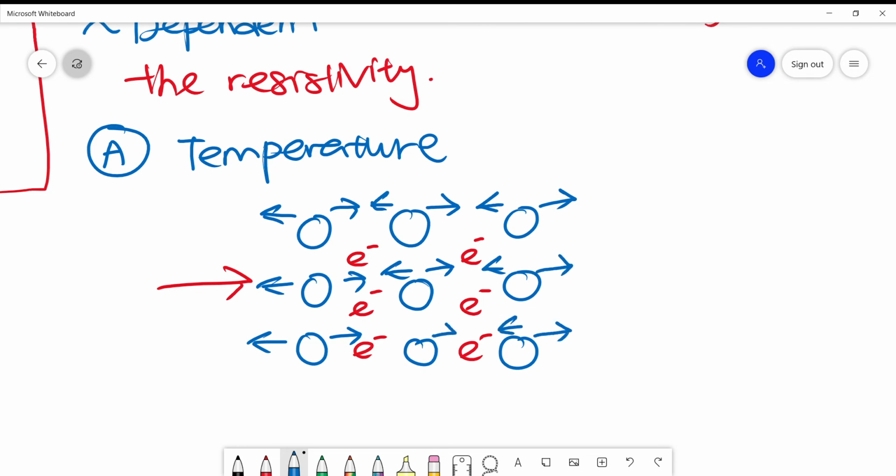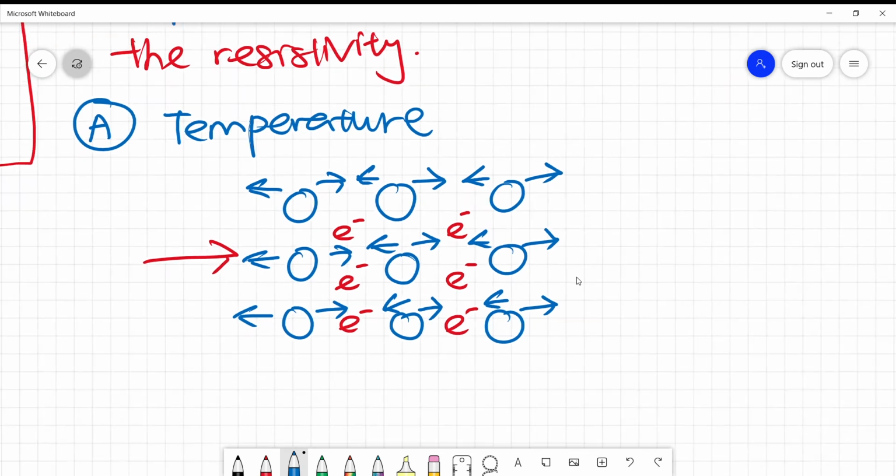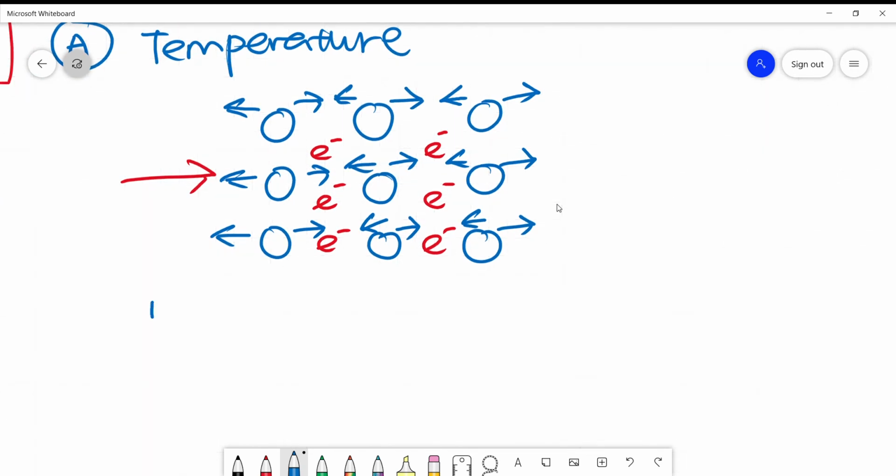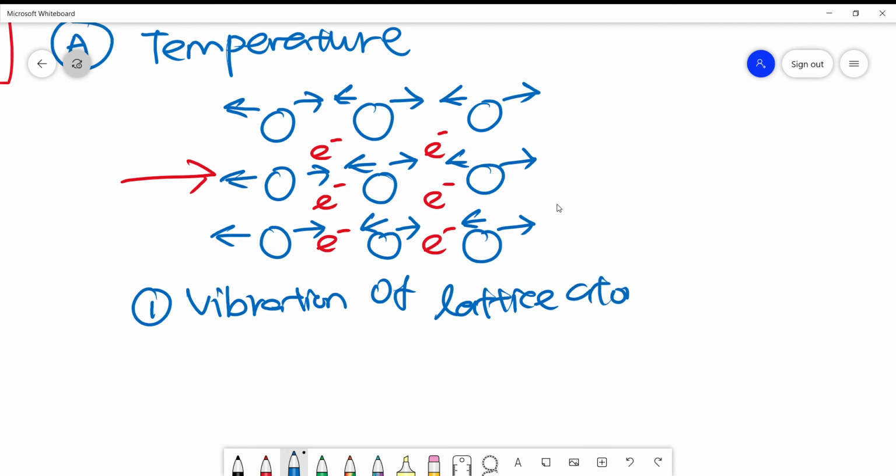Okay, so let me just draw it. Increase in the lattice vibration. So for the first point, if the temperature increases, the vibration of the lattice atoms increases.